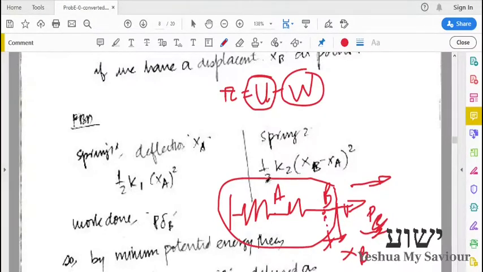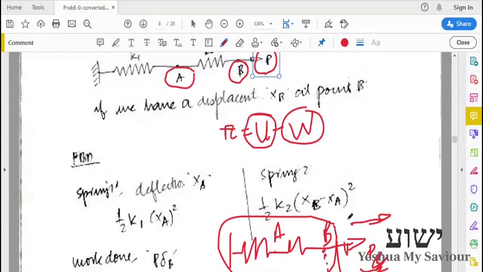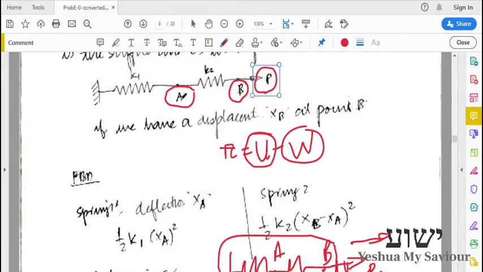So we don't know anything about what's going on inside. So we just know that point B deflected xb. So this is a series system. That is, the springs are connected in series. So this spring is going to pull the spring, and thus the point A will move a distance of xa.